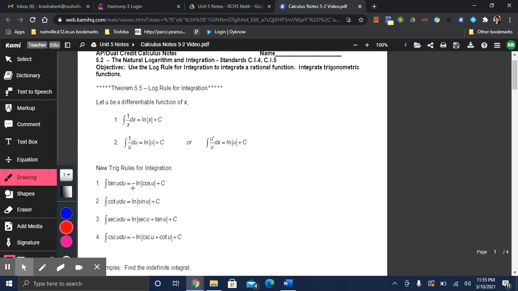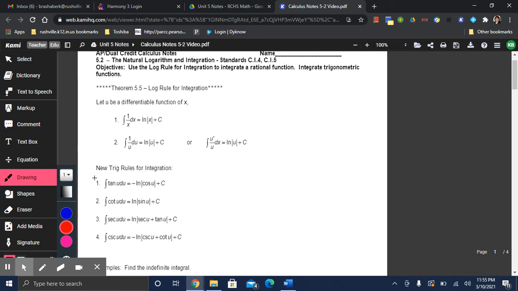So tangent is the negative natural log of the absolute value of the cosine of u plus c. For cotangent, the natural log of the absolute value of the sine of u plus c. Then we have the secant, you can see what that one is, and the cosecant, you can see what that one is.